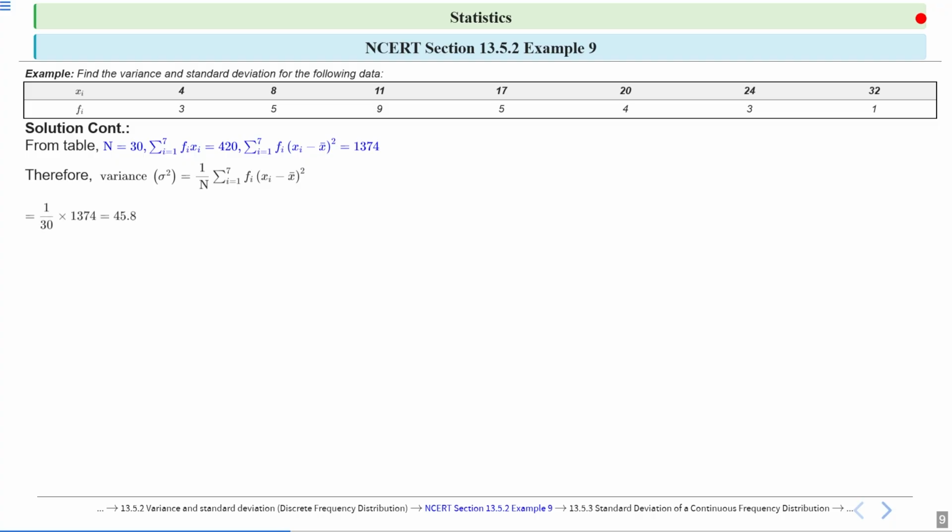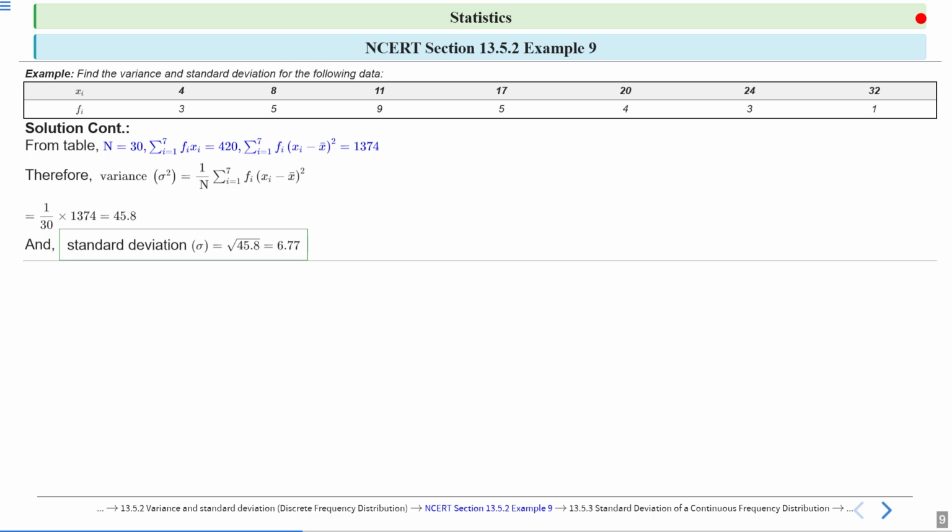Now let's substitute the numbers into the formula. So we have variance equals 1 by 30 times 1374. When we multiply 1 by 30 by 1374, we get 45.8. So the variance for this data set is 45.8.